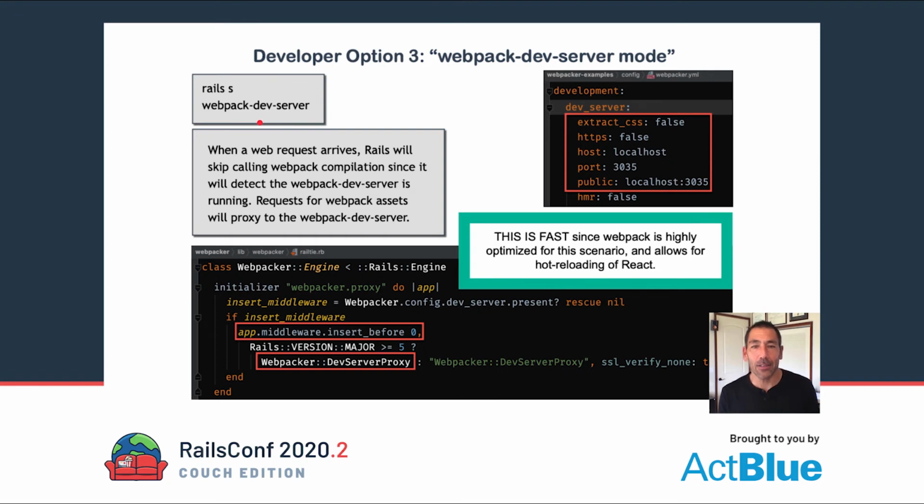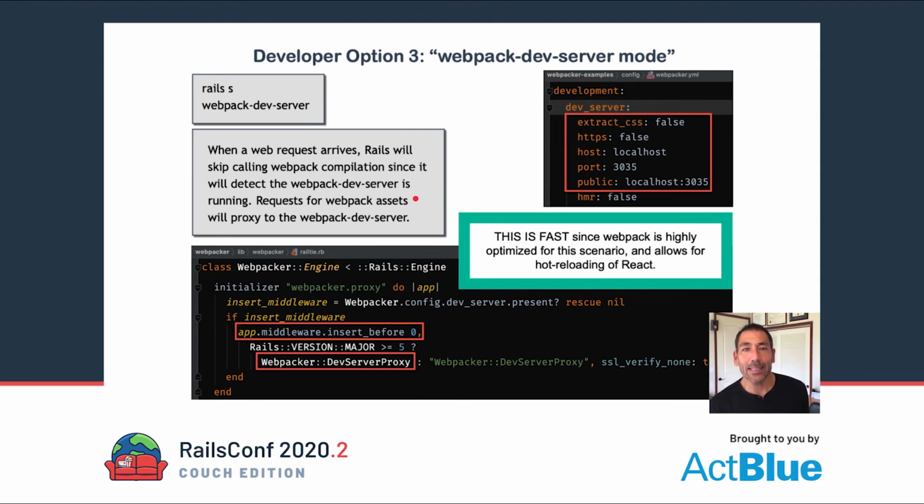So this is again a little part of the magic of how it just works for Rails Webpacker. So what happens is, first of all, when the web request arrives, Rails is going to skip the Webpack compilation. Maybe you set compile to false, but also Rails Webpacker is set up to detect if the Webpack dev server is running by checking wherever you've configured it on localhost port 3035. So it actually does a little ping there.